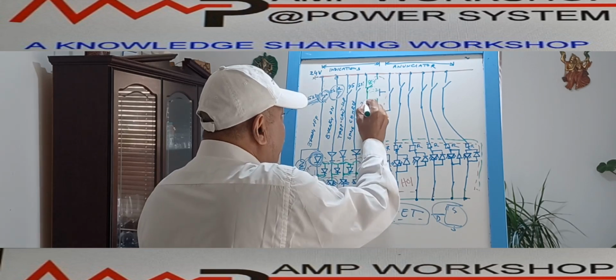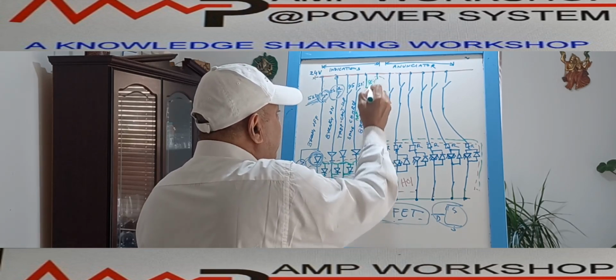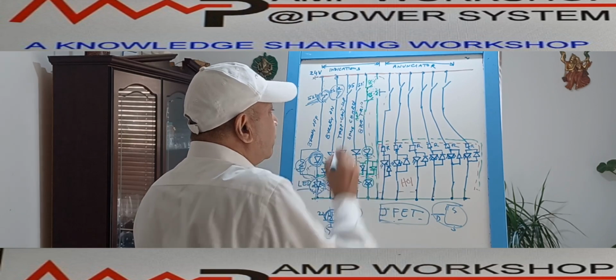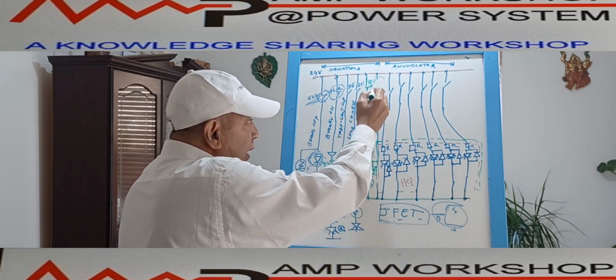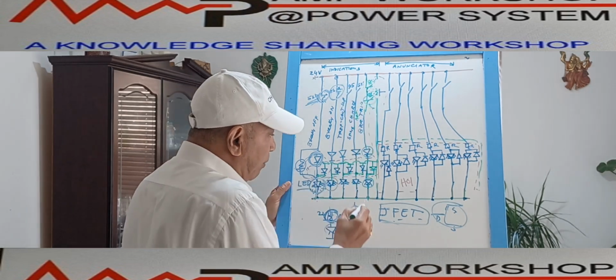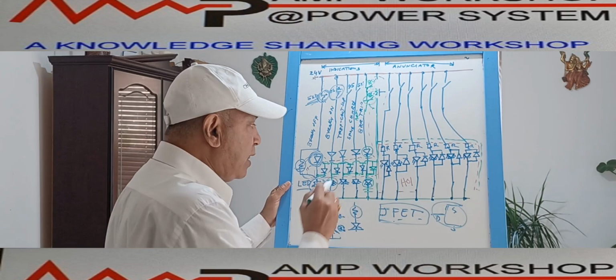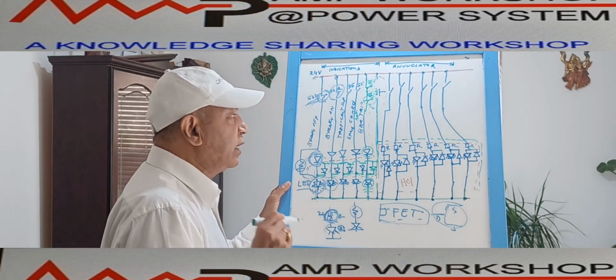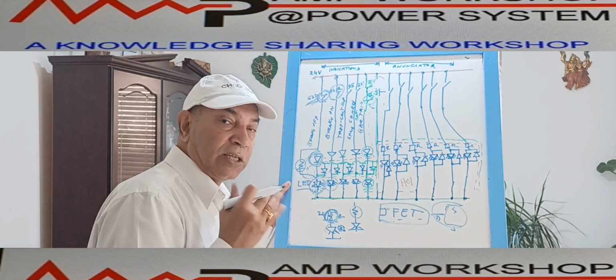Suppose there is another lockout relay. So this is 86.1, this is 86.2. In that case, if any of the lockout relays operates, this contact will open immediately and the LED will go off. When the LED goes off, it indicates there is an abnormal condition in the circuit.